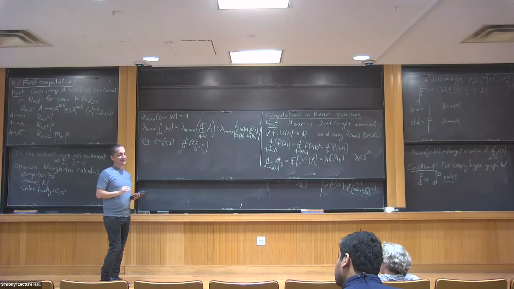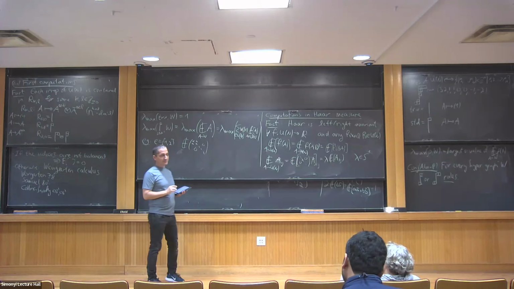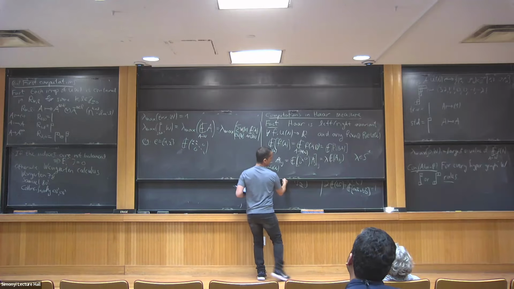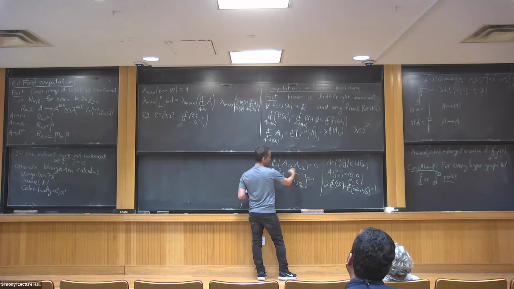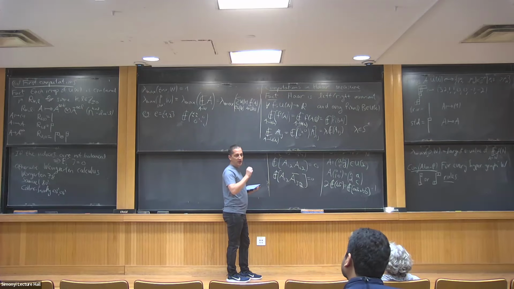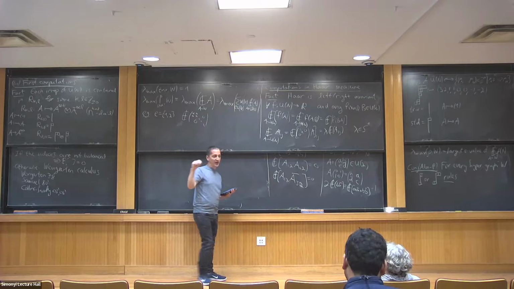Weingarten calculus gives me a formula even for just multiplication like that, and then you can expand for each monomial. You have every monomial in the entries of a random matrix.